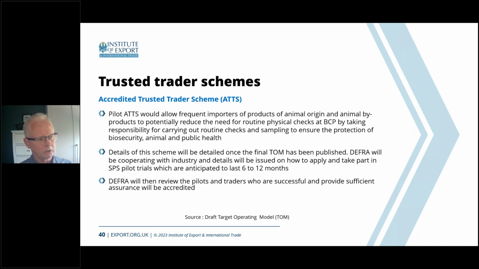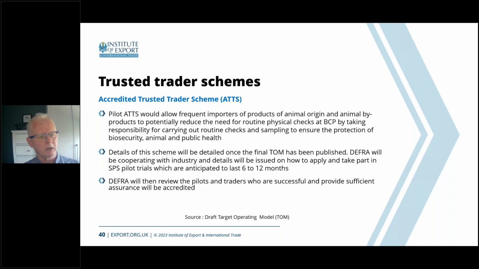So provenance of the goods, again, mentioned earlier about origin. If you can do those kind of checks, then this scheme, they will consider taking out the routine checks and therefore not having to have so many routine physical checks at the border control points.